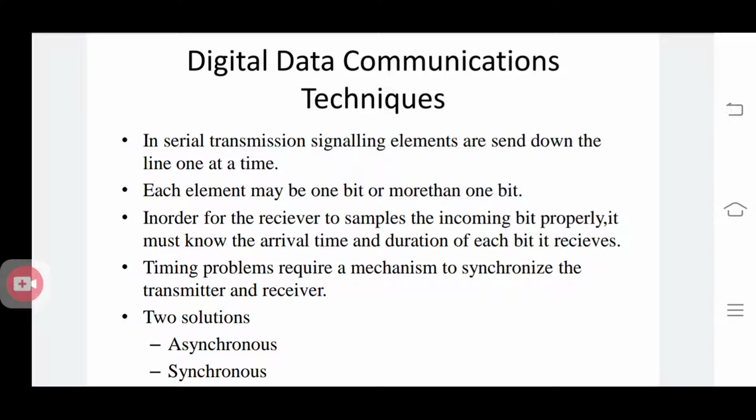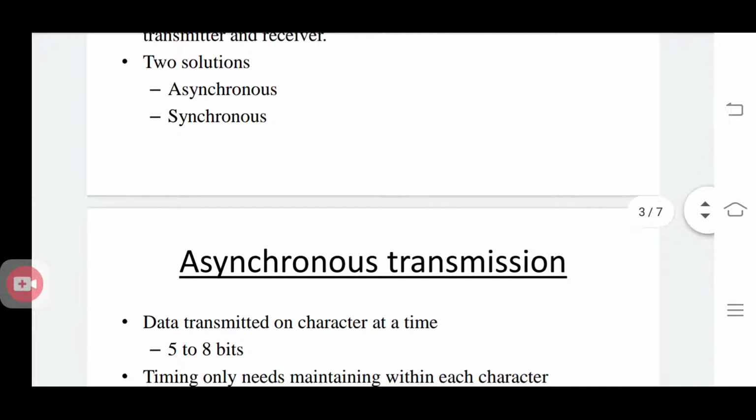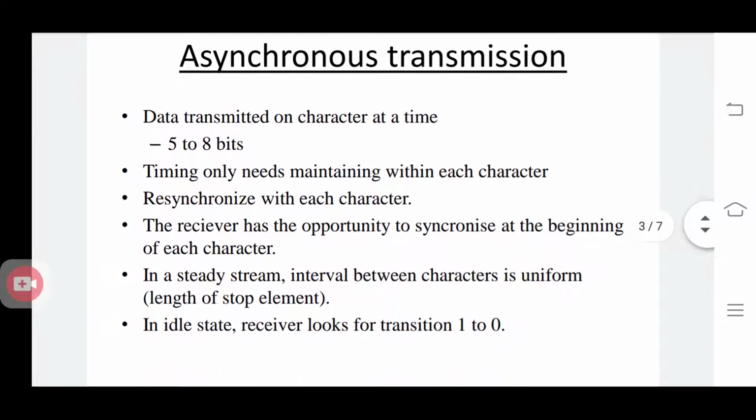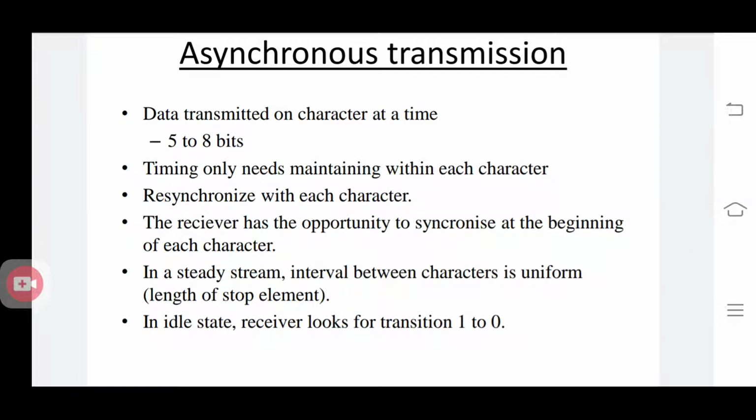So there are two solutions. One is asynchronous transmission and the other one is synchronous transmission. So what do you mean by asynchronous transmission? The name itself shows that the transmission is in an asynchronous manner. Here the data are transmitted one character at a time, 5 to 8 bits at a time.